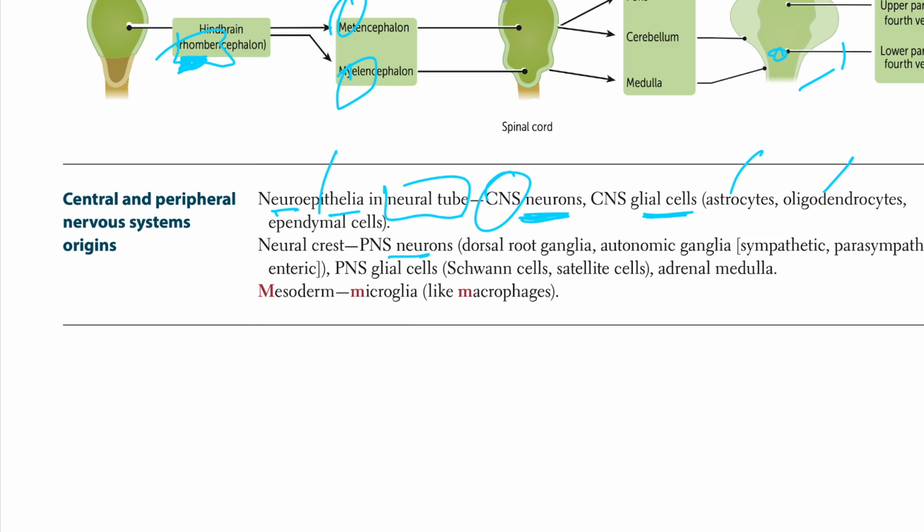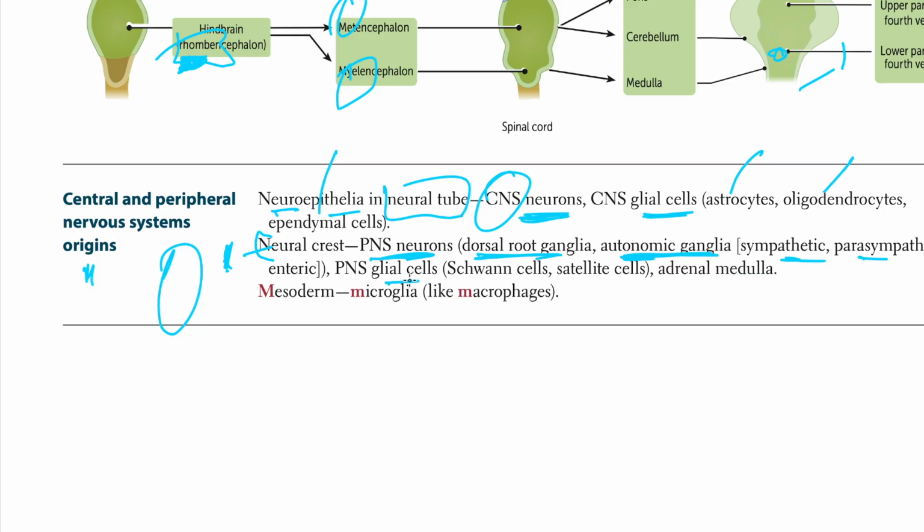On the other hand, the neural crest cells, which are on the periphery, are going to give rise to the PNS, peripheral nervous system. What are the peripheral nervous system cells that they give rise to? PNS neurons: dorsal root ganglia, autonomic ganglia. So all your sympathetic and parasympathetic is what? Peripheral nervous system.